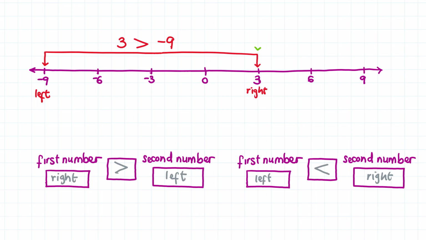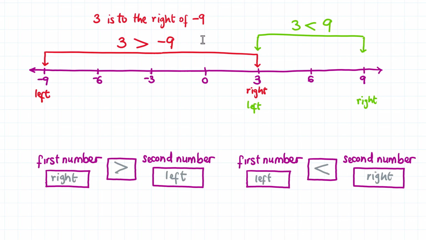However, if we have 3 as the first number and 9 as the second number, the first number is to the left and our second number is to the right, then the relationship is that 3 is less than 9.